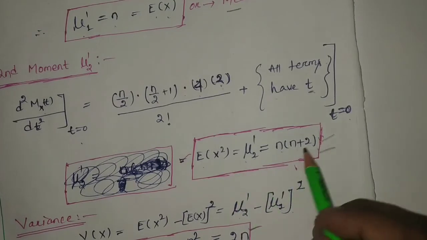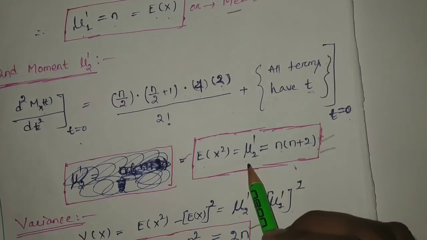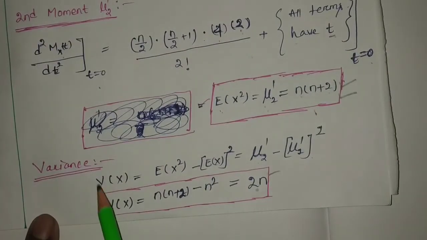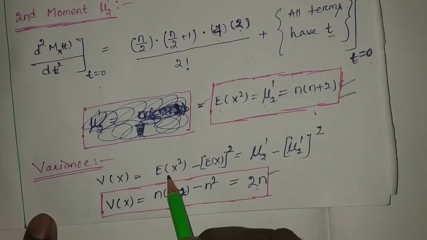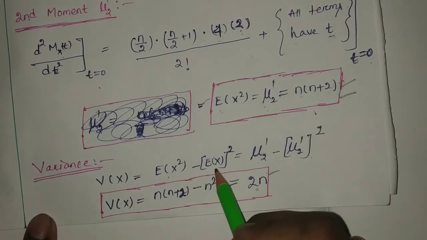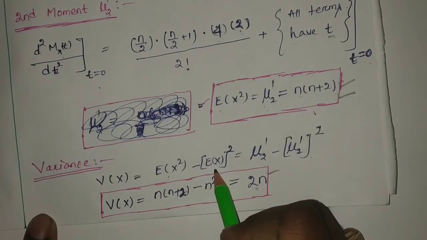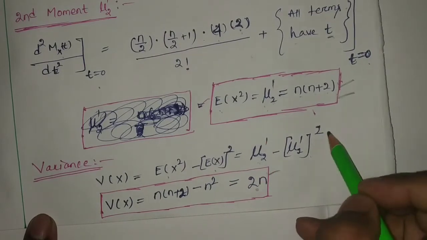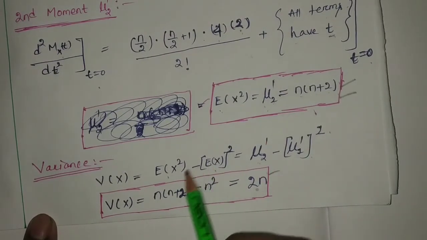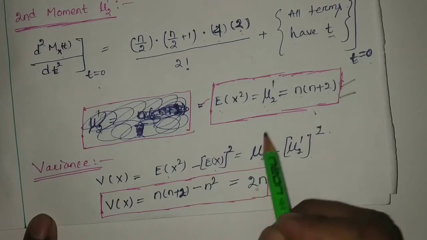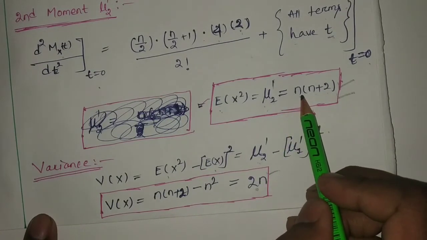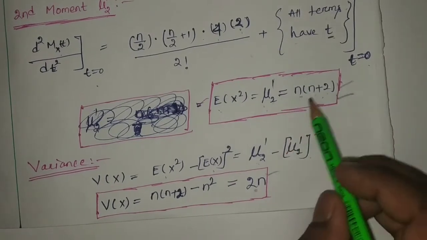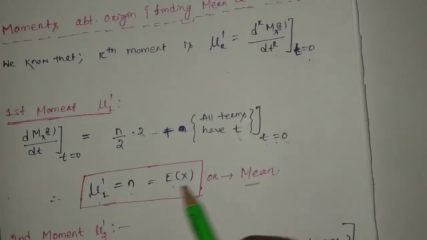So this is your second moment, that means expectation of x square. Hence variance is nothing but expectation of x square minus expectation of x whole square. That means mu 2 dash minus mu 1 dash whole square. Here mu 2 dash is nothing but n into n plus 2 written here, and this one is nothing but only n.